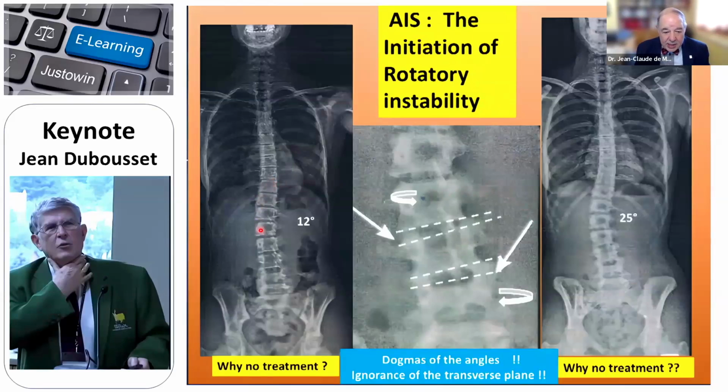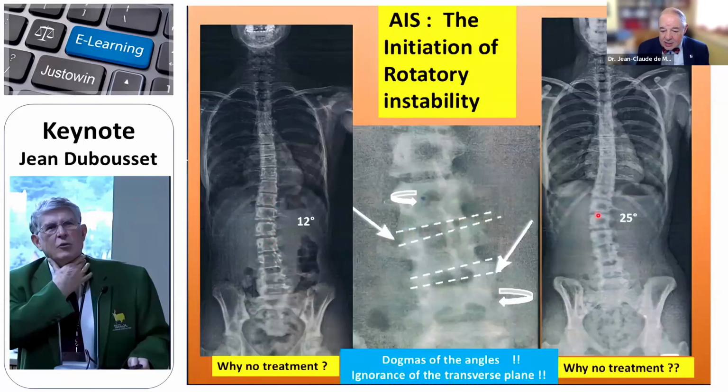So you see this curve, we don't have a lot of curve angle, 12 degrees is not very important, but you see the important rotation at this level, L2, L1, and also all vertebrae inside the curve.